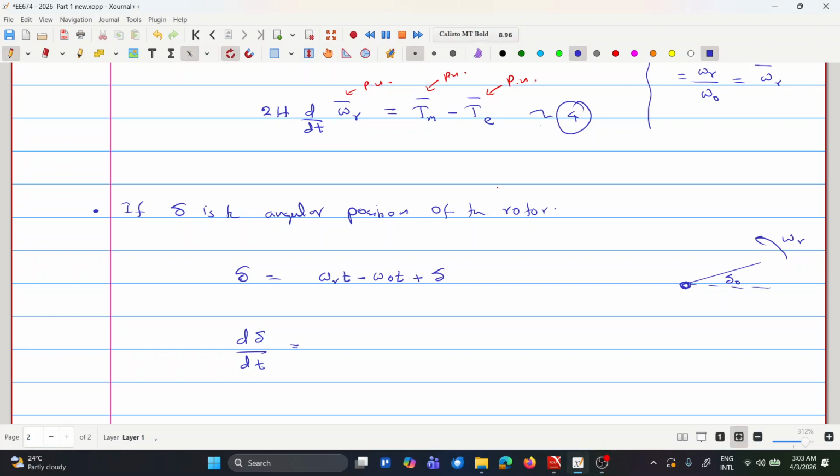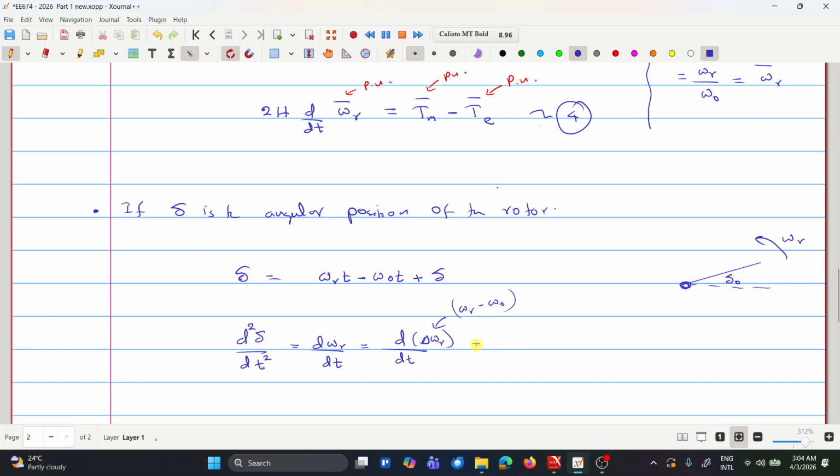So if you take the second derivative of this, that would be equal to d omega r over dt, right? And that would also be equal to delta omega r, the change, where delta omega r is omega r minus omega naught, right?